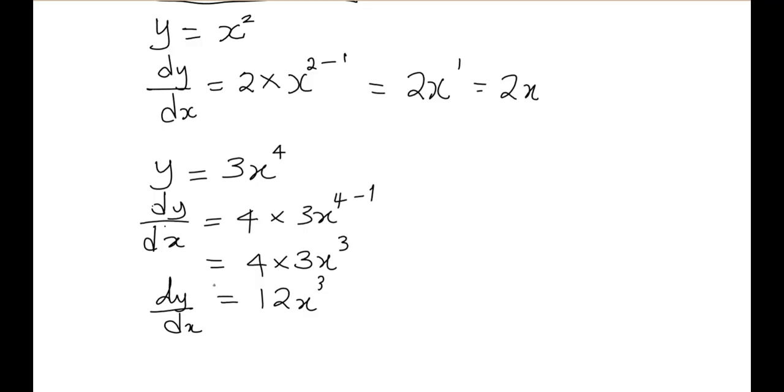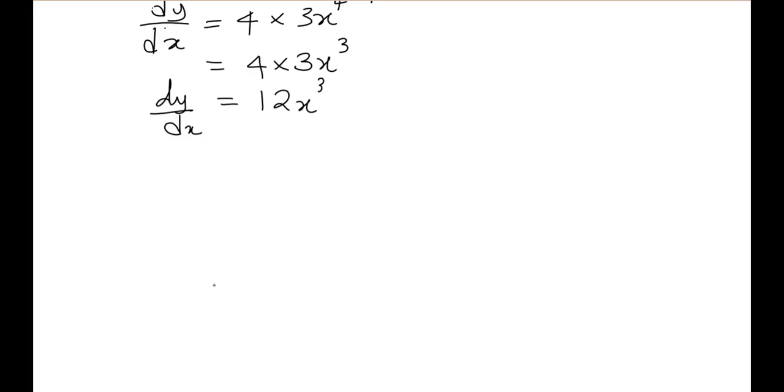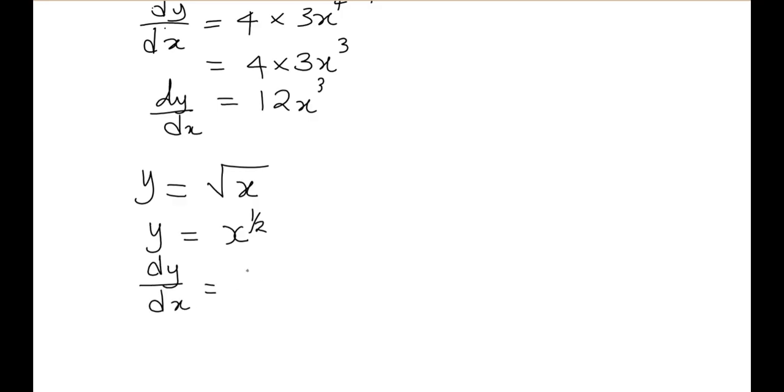Okay, so for instance, let's take a look at if y equal to square root of x. So according to laws of indices, root x means x to the power of 1 over 2. So your dy/dx will be 1 over 2, which is the power, multiplied by x raised to the power of 1 over 2 minus 1.